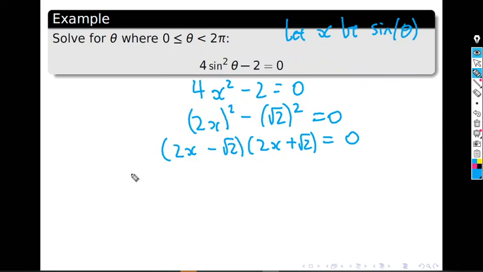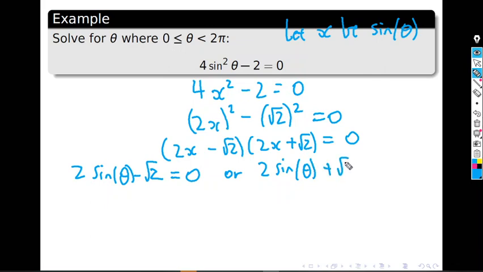So this is saying either I've got 2 sine theta take root 2 is equal to 0, from our null factor law, or the other one, 2 sine theta plus root 2 is equal to 0. So if I rearrange this, I'm going to get what?